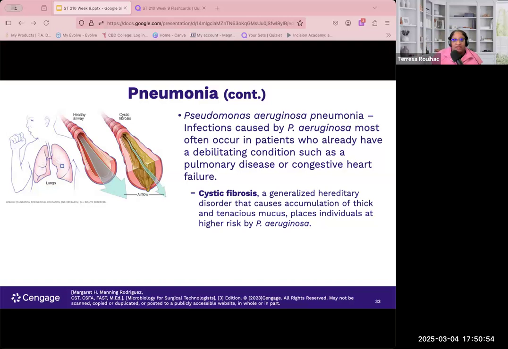With patients with cystic fibrosis, the ongoing presence of Pseudomonas aeruginosa worsens the disease and contributes to those patients having a high mortality rate. Now, keep in mind that patients with cystic fibrosis are going to be highly susceptible to a lot of different things that could complicate the surgeries. And you would just have to have certain extra things that you and the team have already talked about ready to go. Okay.